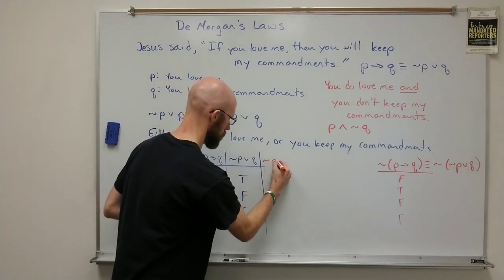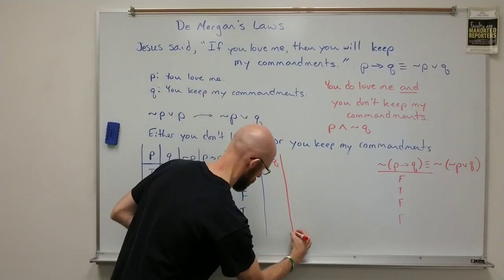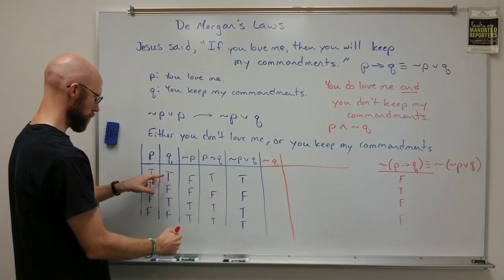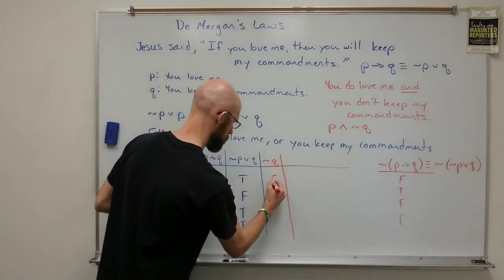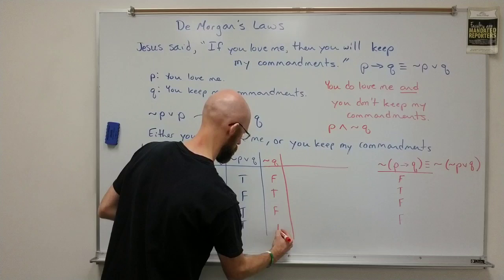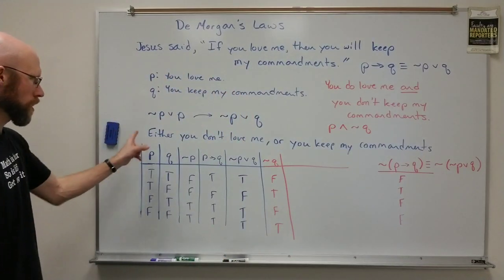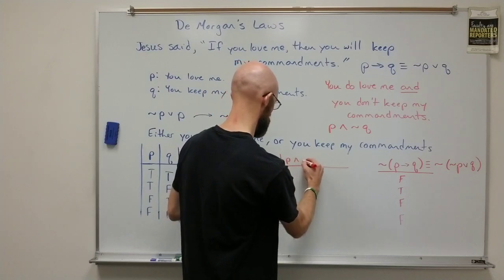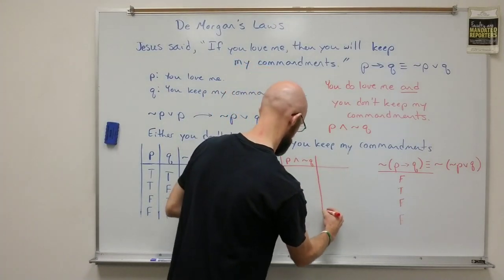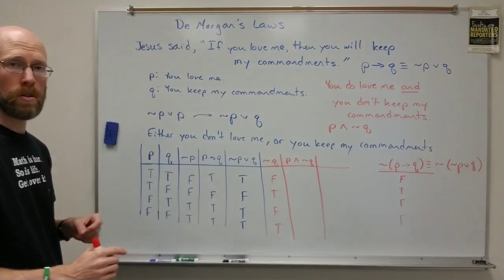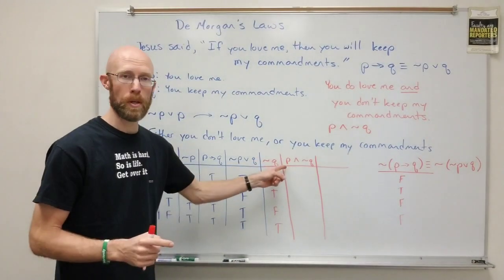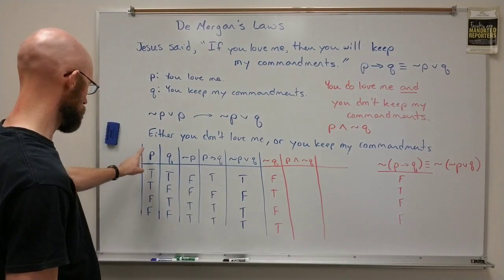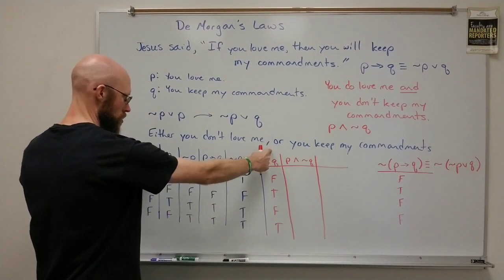So let's look at not Q. Not Q is going to be false, true, false, true. And then P and not Q is going to only be true if both P and not Q are true, right? So I've got the P column and the not Q column.